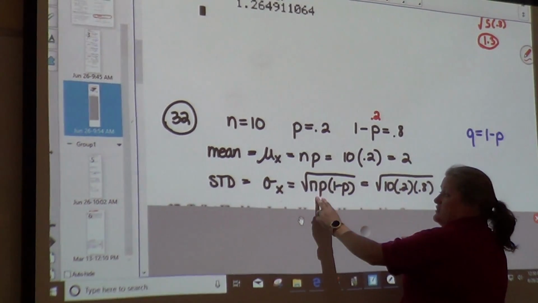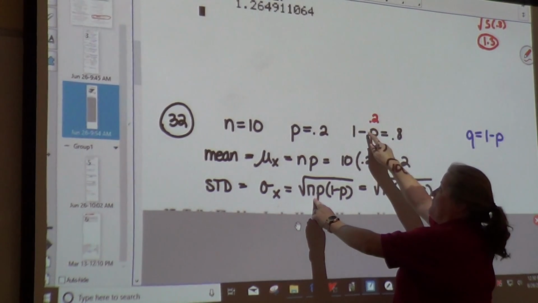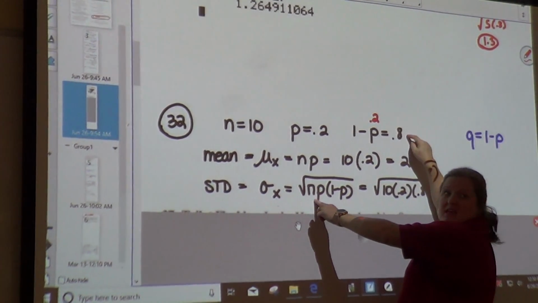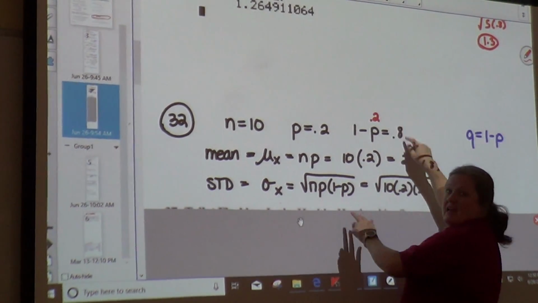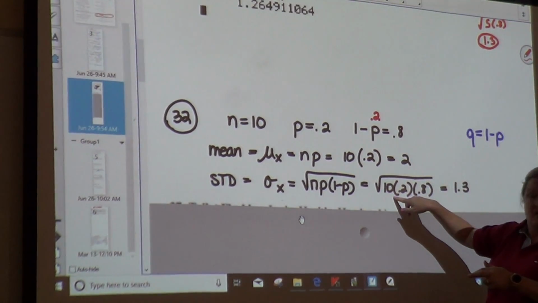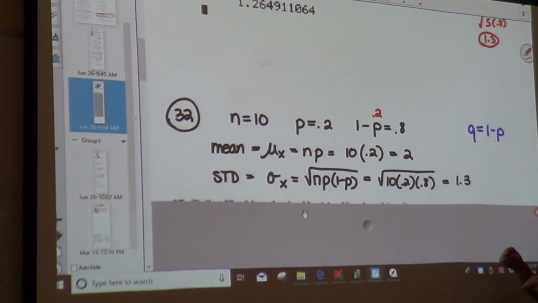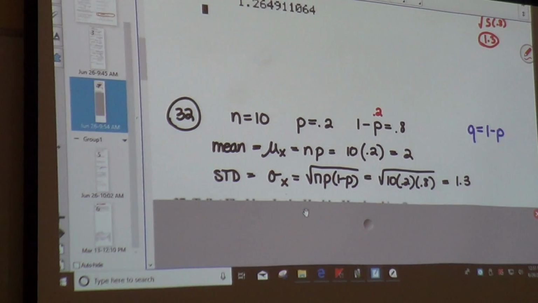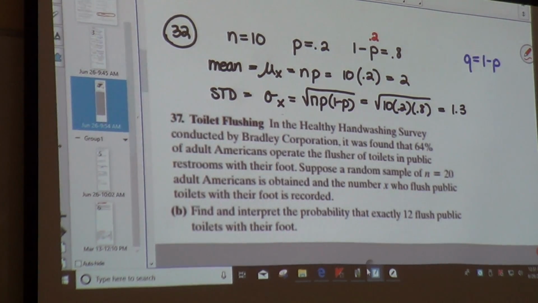And 1 minus p, which are your failures, 1 minus 0.2 is 0.8. So you could have done the square root of 2 times 0.8 instead of plugging in all of them again. Does not matter.